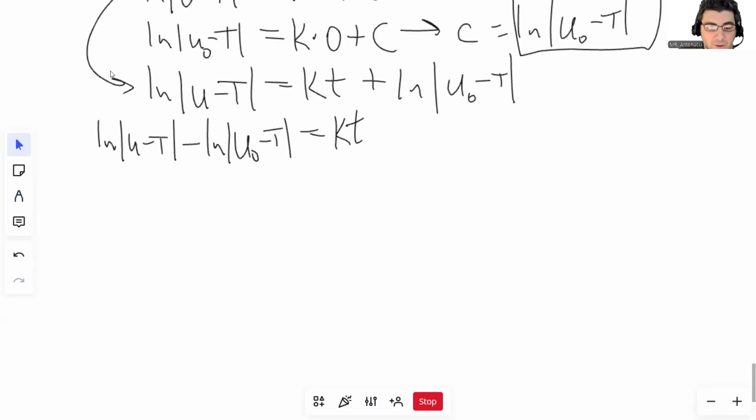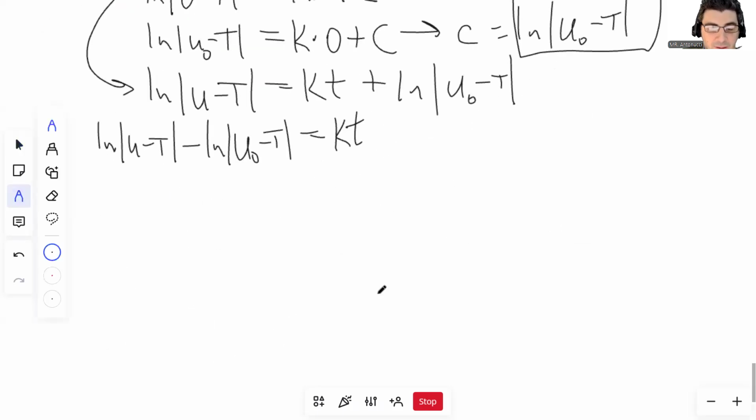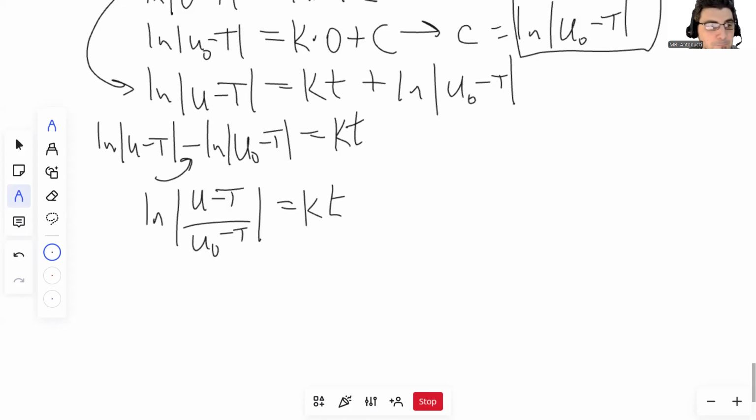Since we have subtraction of logs, I can rewrite this as natural log absolute value of (u minus T) over (u naught minus T) equals kt.